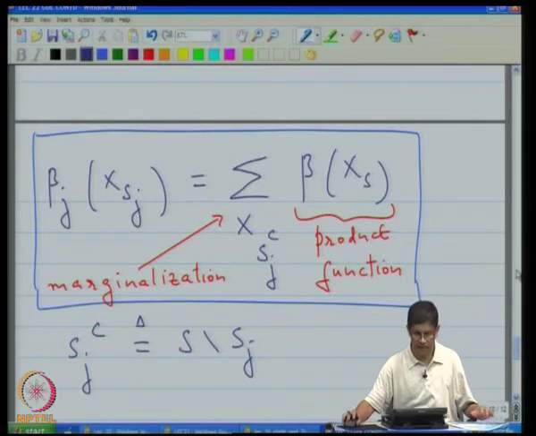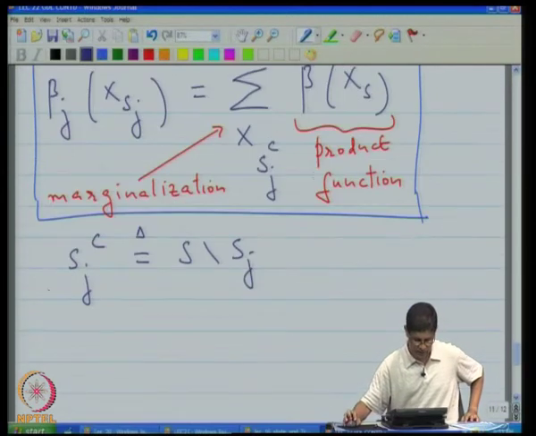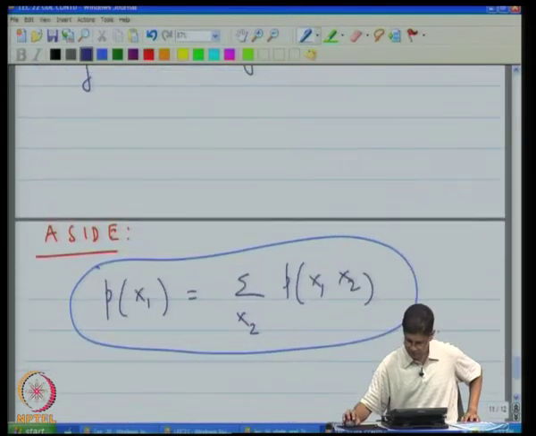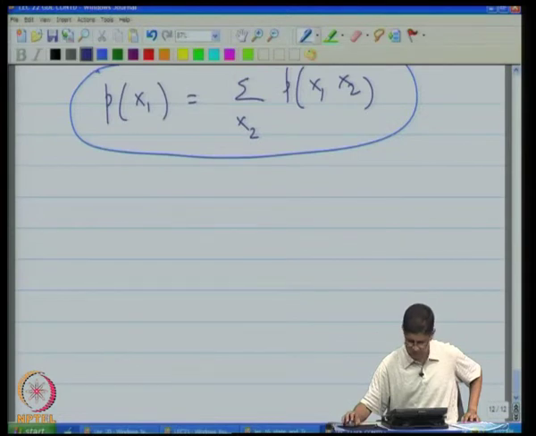Now, that might seem like a lot to absorb in terms of notation, and that is true, but I think once we get to examples it will all become clear.